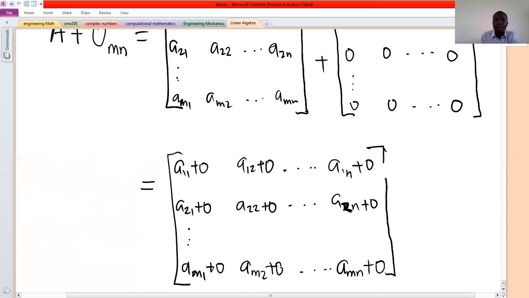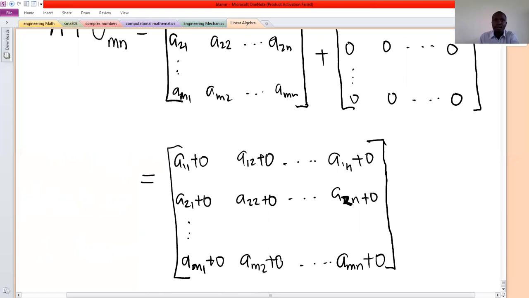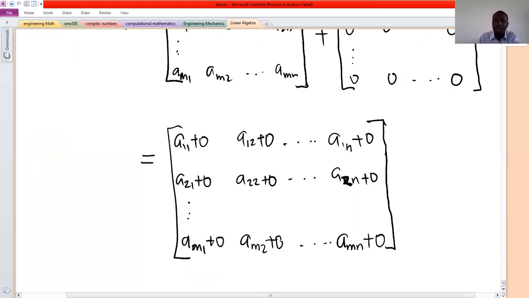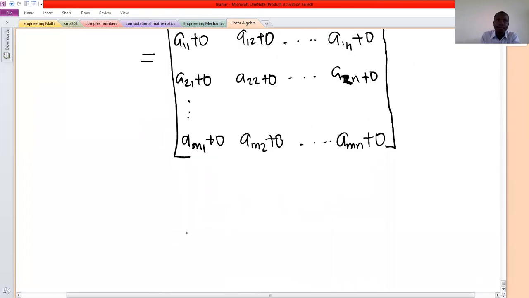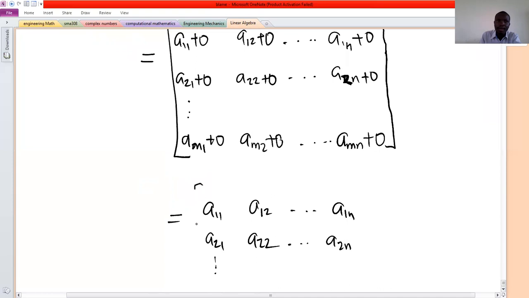Now, 0 is a real number, Aijs are real numbers or elements in the field F. So when you add 0 to any element, you get the same element. So this sum will be A11, A12 up to A1n, A21, A22 up to A2n, and then AM1, AM2 up to AMN.